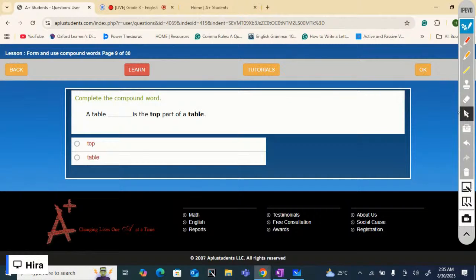Table blank is the top part of a table. Well, yes, a tabletop is the top part of a table.